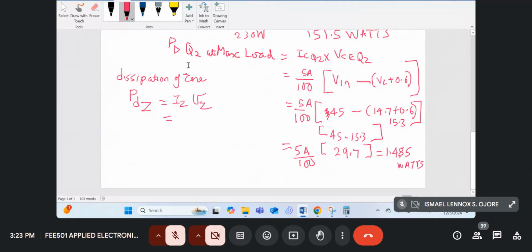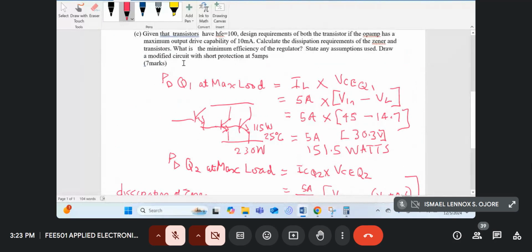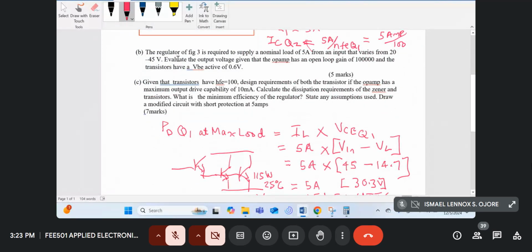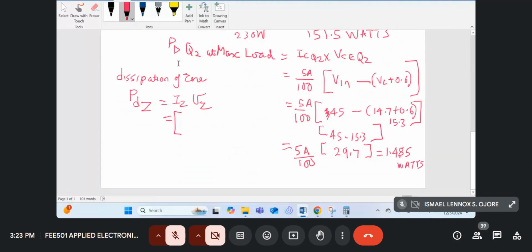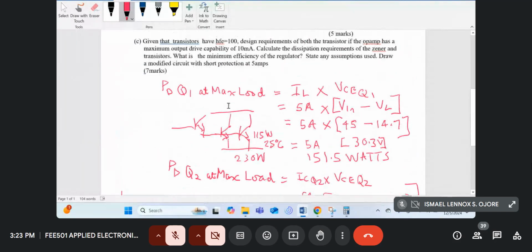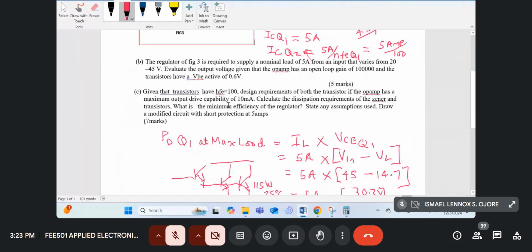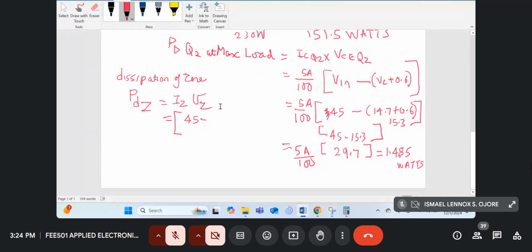So the worst voltage was what, 45 or 40? Let me check again. 45. So the current will be 45 minus the Zener voltage, divided by 6.6K.